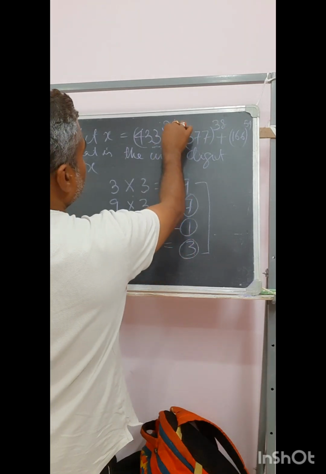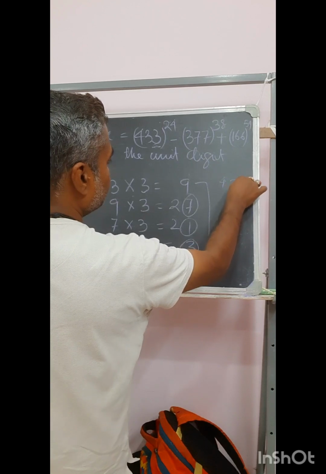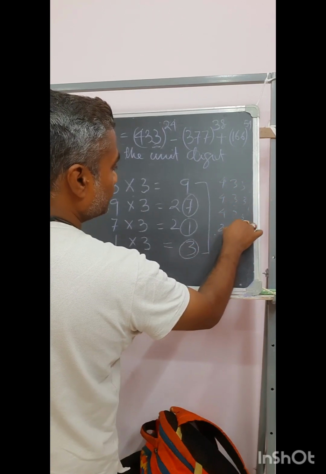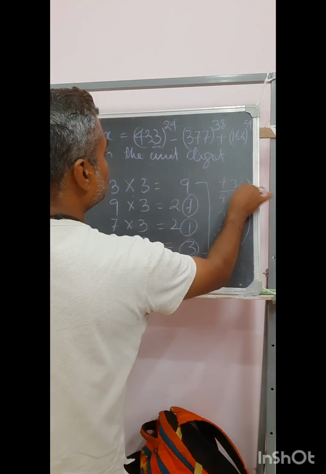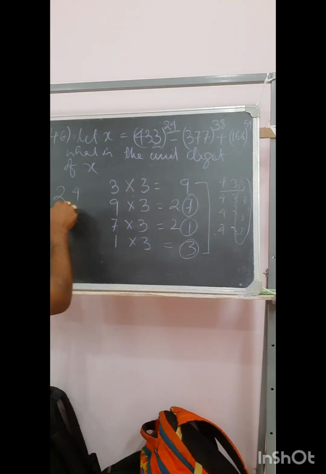So I have to multiply 3 four times consecutively to get 3 back. This will consume 4 of the 33. So if the power is 24, then after each cycle of 4 I am getting back. How many such cycles? 6.